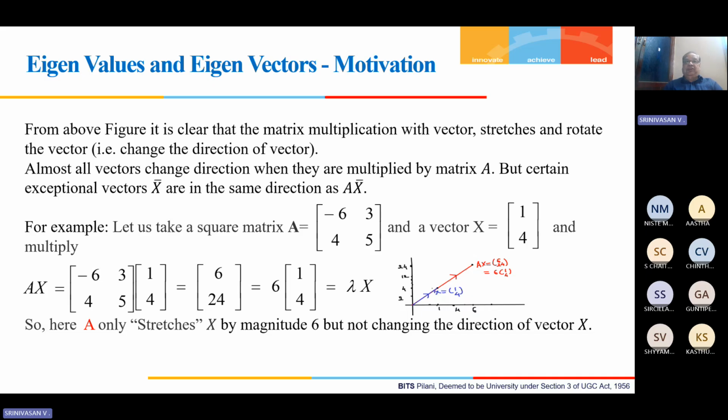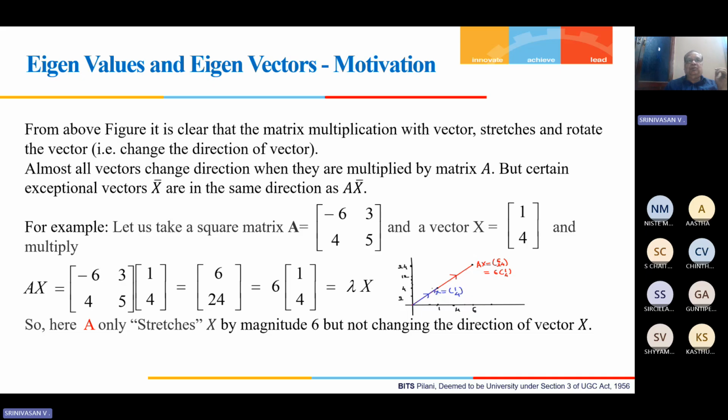Is it right? So here there is no change of direction, but only a stretching. Here A only stretches the vector x by a factor of 6 according to this problem, but does not change the direction of the vector. So there are instances where this kind of equality, Ax equal to lambda x, is possible.